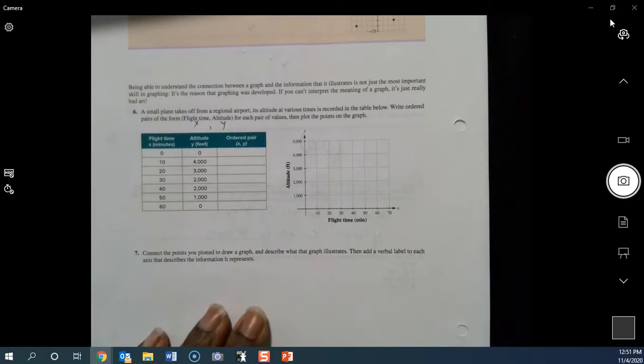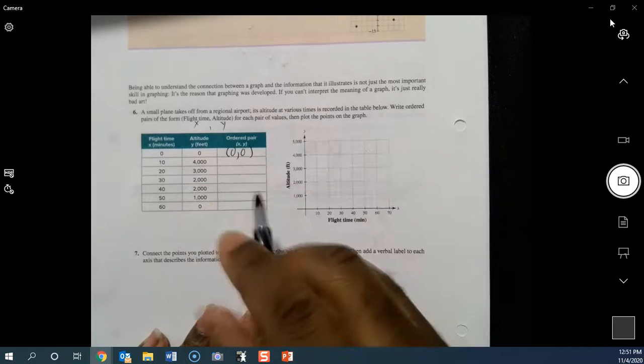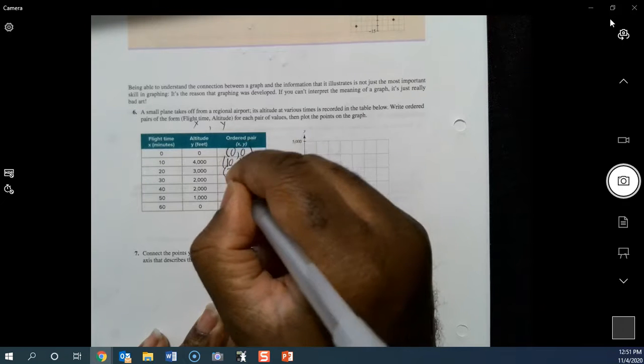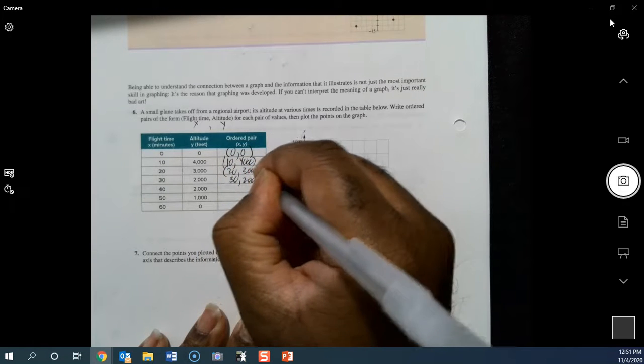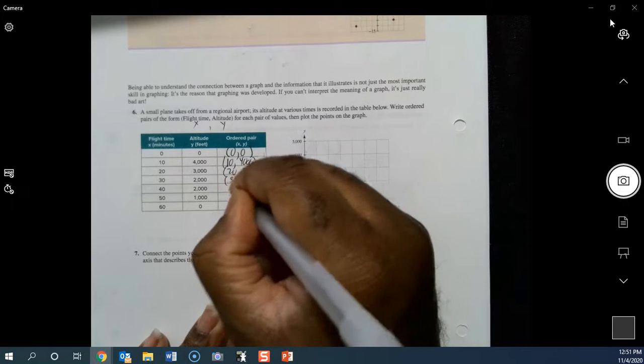Okay, so flight time is 0, altitude is 0. And then here is 10 to 4,000, 20 to 3,000, 30 to 2,000, 40 to 2,000, 50 to 1,000, and 60 to 0.